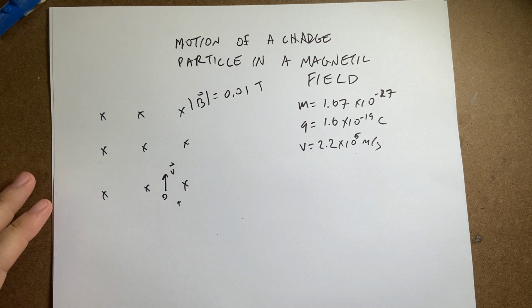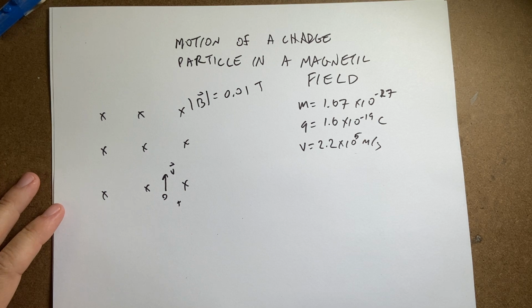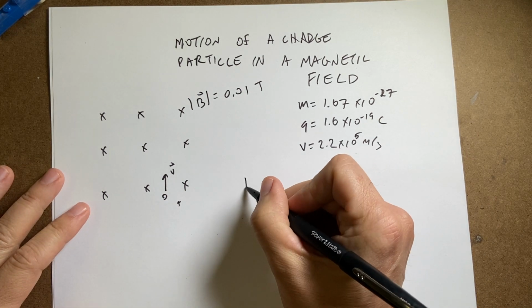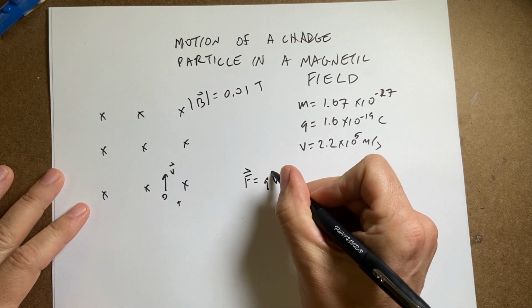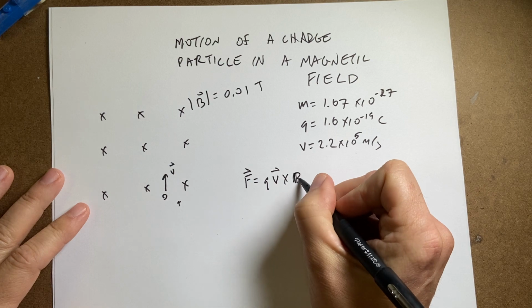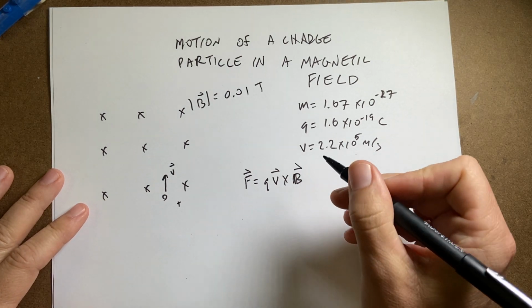So let's first look at the magnitude of the magnetic force on that particle. If I have a particle in a magnetic field, the force is going to be qv cross B. So this is a vector cross product.